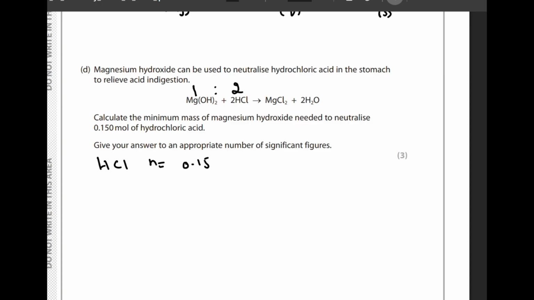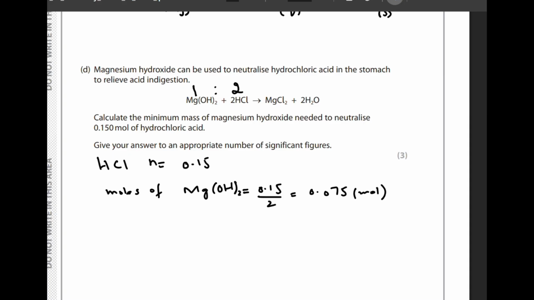So if the moles of hydrochloric acid is 2, the magnesium hydroxide moles will be half. So the moles of magnesium hydroxide will be 0.15 divided by 2, 0.075 moles.